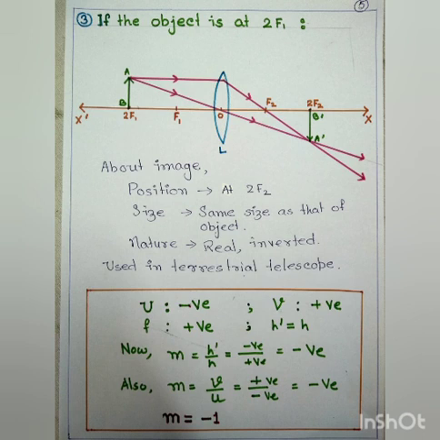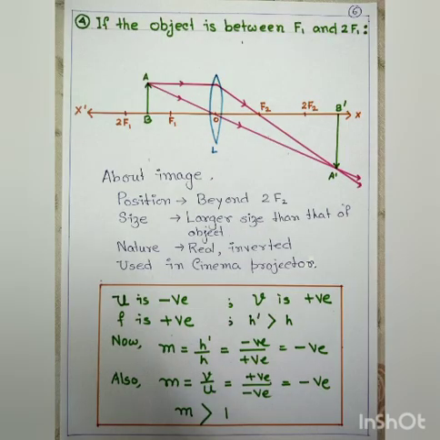Now next we will consider the fourth situation, if the object is between F1 and twice F1. See here, the object AB is between F1 and 2F1. So here also we will consider two rays coming from A. One ray which is parallel to the principal axis, after refraction it will pass through F2, and another one which is passing through the optical center will not deviate.